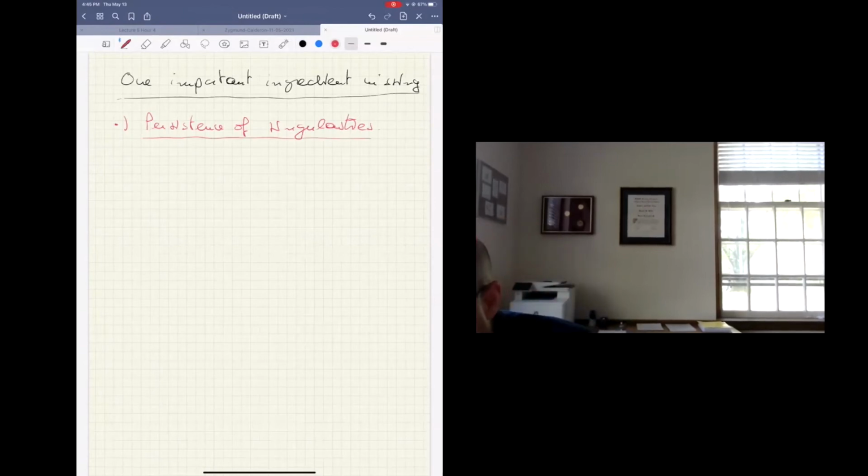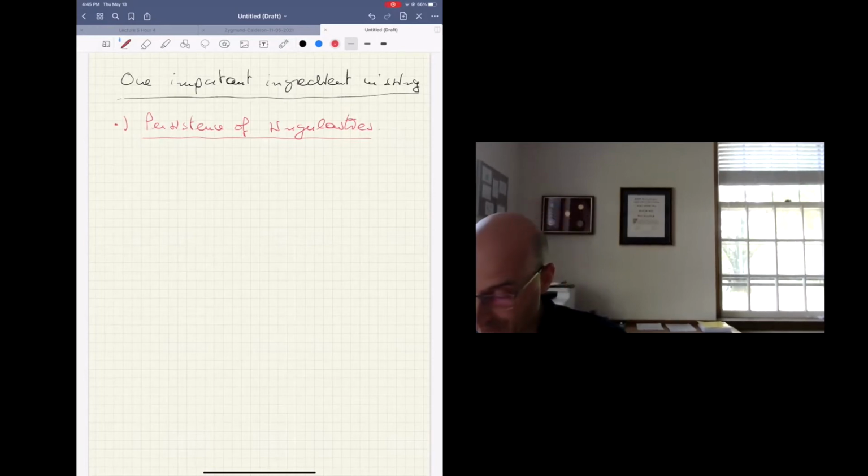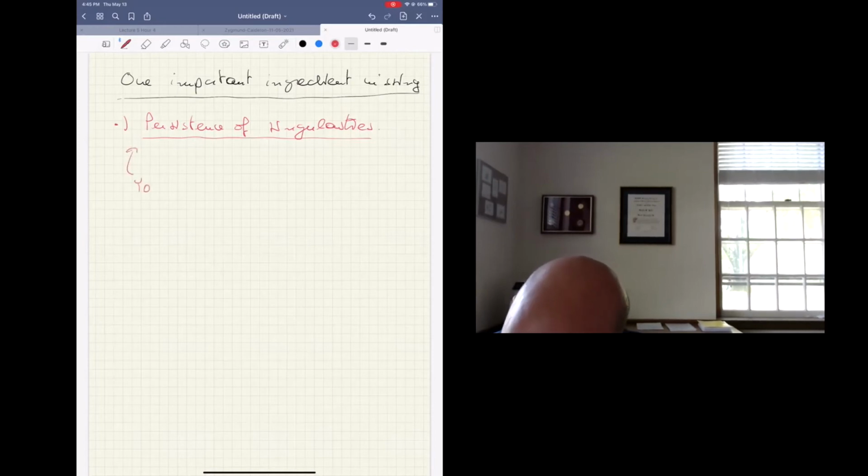And this persistence of singularities is something like, if I have a singular point for my dir minimizing function and I rescale around this point, this singular point will be inherited by my tangent function too. Okay, so now the point is that this persistence of singularities is quite delicate. So you need to mod out all the regular part to hope for this.